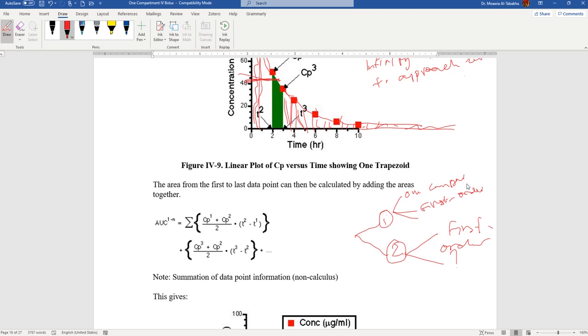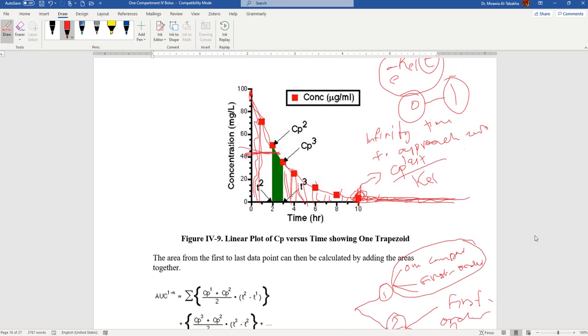In the first case, if you know that you are dealing with one compartment and first order, then the last area, which is here, will be equal to CP last. What does CP last mean? The last concentration I took. Of course, these concentrations are taken from plasma. So the last concentration divided by KEL. And this will give me the area from this point till infinity.